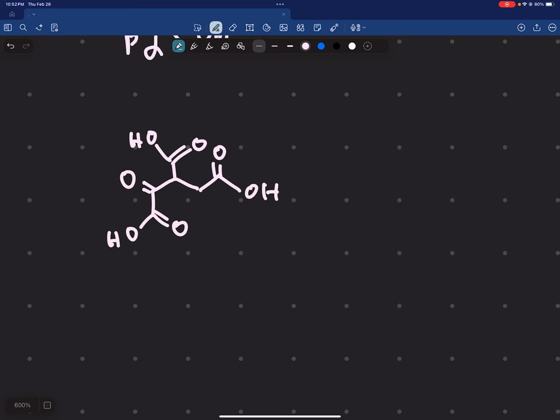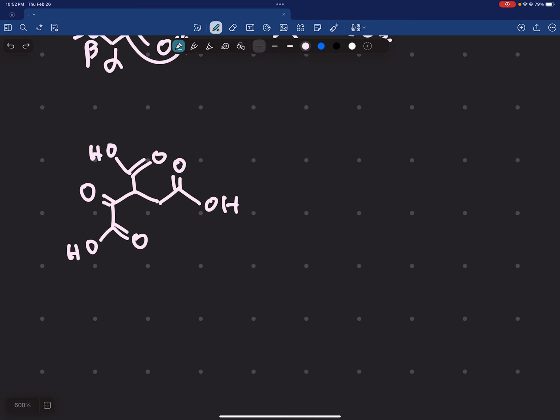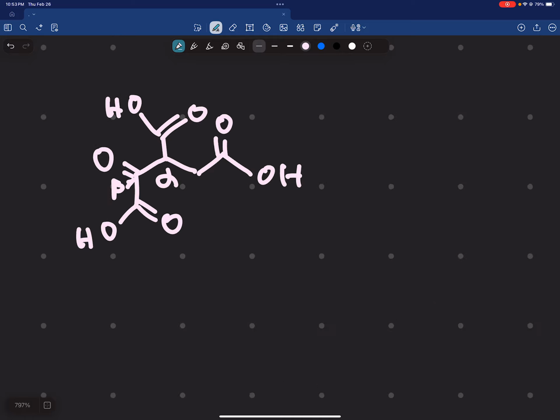So here is our carboxylic acid group. And here, this is a tricarboxylic acid. So this intermediate in the tricarboxylic acid cycle has a carbonyl in the beta position to it. So this will be the alpha position, and this will be the beta location.